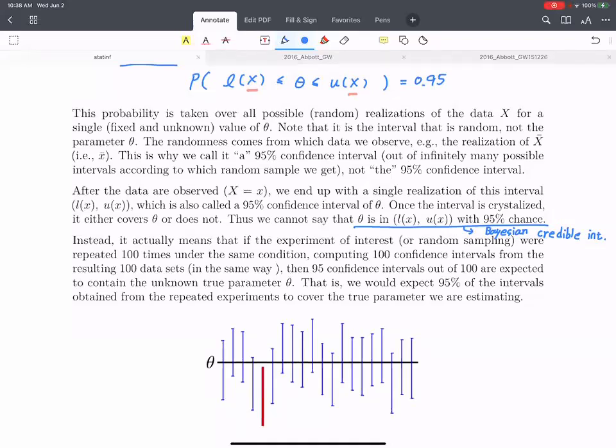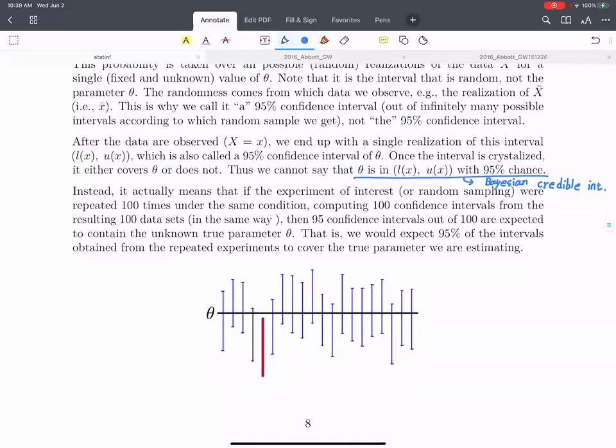So if we repeatedly obtain the data and calculate the confidence interval for each data set, we expect 95% of those intervals to contain the parameter. For example, in this figure, theta is fixed at a value on the horizontal line, it's not random. But randomness comes from the realization of data.